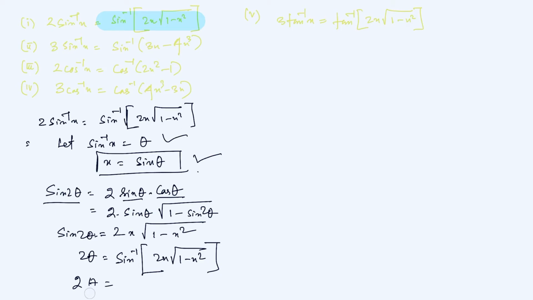So instead of this theta we write sine inverse of x. So 2 sine inverse of x is equal to sine inverse of 2x under square root 1 minus x square. Now we have proved. This is the final answer we needed to prove.